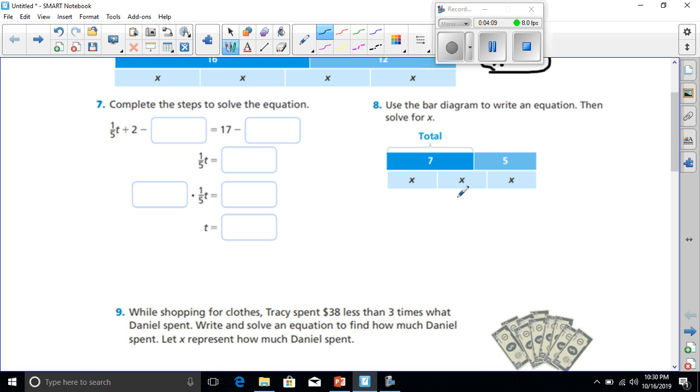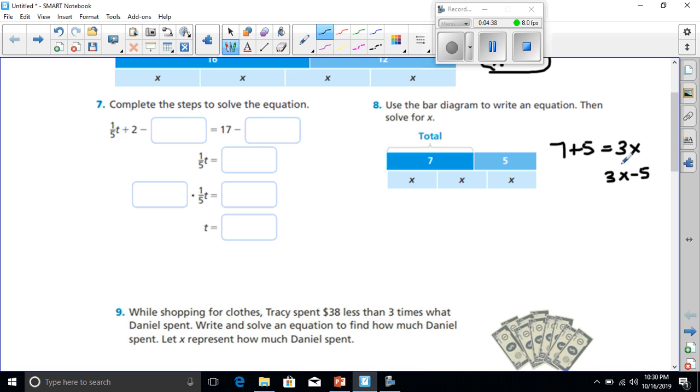Now I would not write an equation like 7 plus 5 equals 3x. That's not really an equation, because really 7 and 5 is just going to be 12 equals 3x. An equation would be 3x, and if I'm adding 5 over here, I would put minus 5 over here.